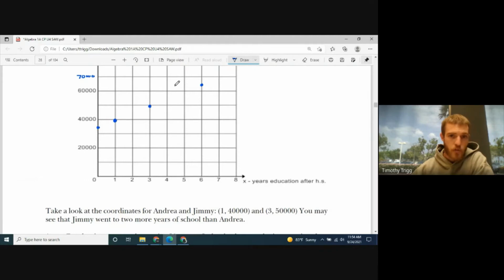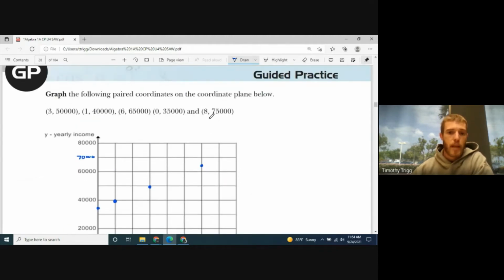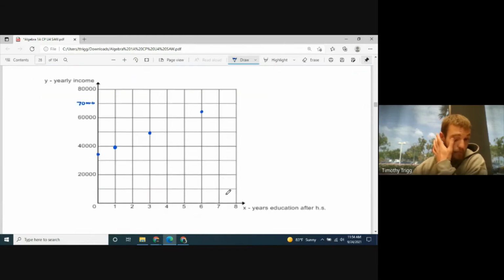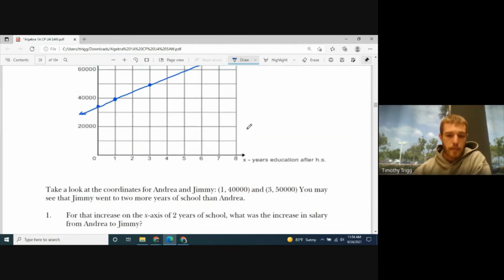And notice our points are all lining up. That's good. 8, 75,000. Now notice they form a straight line. That's good. In other words, there will be a linear equation that will show this data.